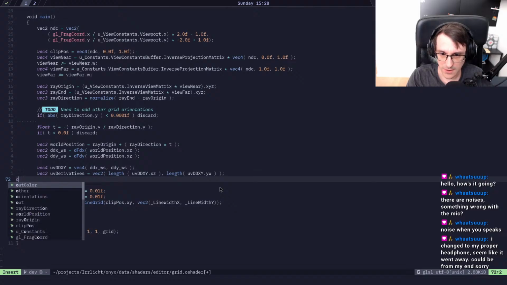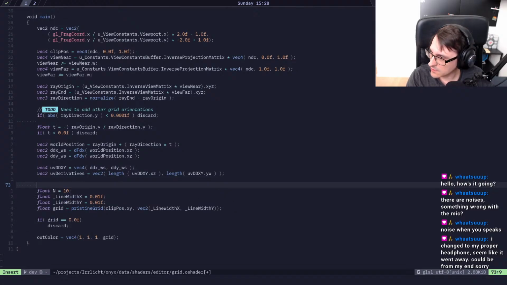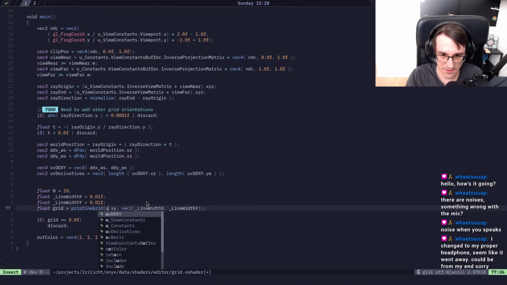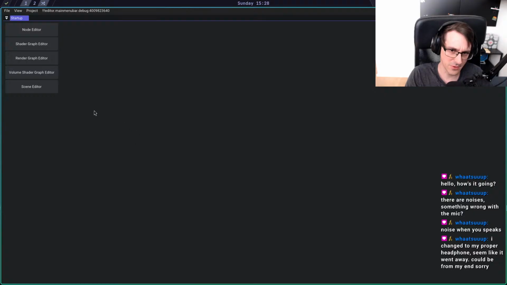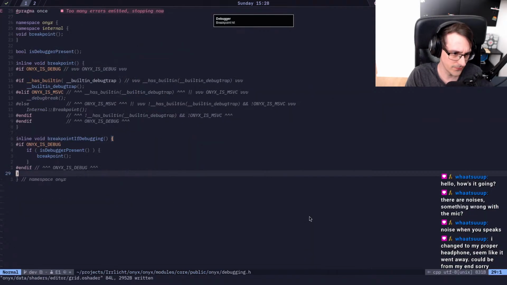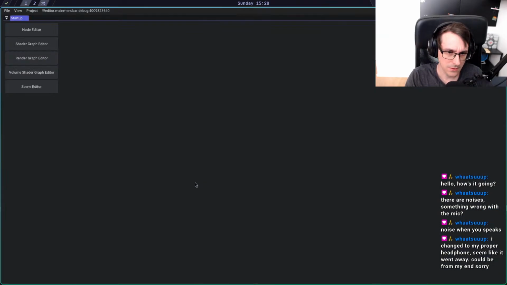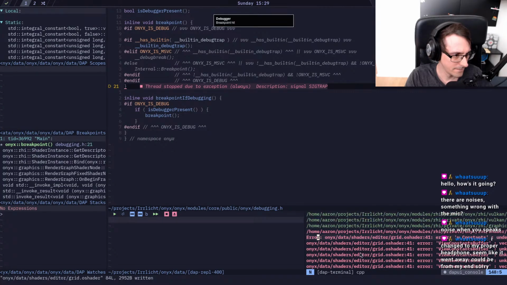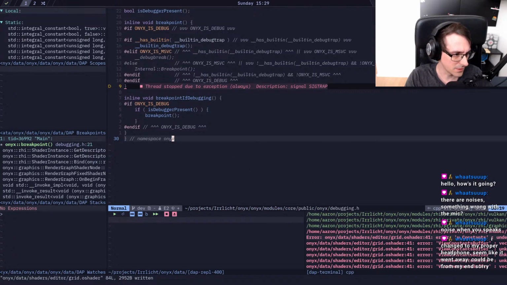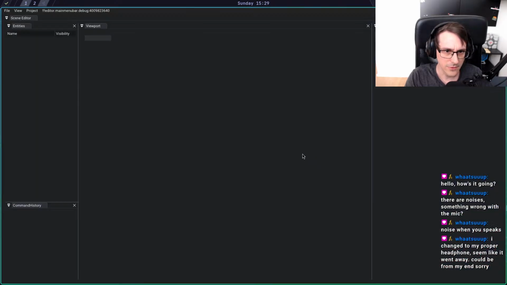And with that, I think we could try to call this here, which is basically our UV derivatives x, y. Let's see what that does. It probably fails because I most likely made a mistake. Yeah, of course. U constants undeclared identifier.